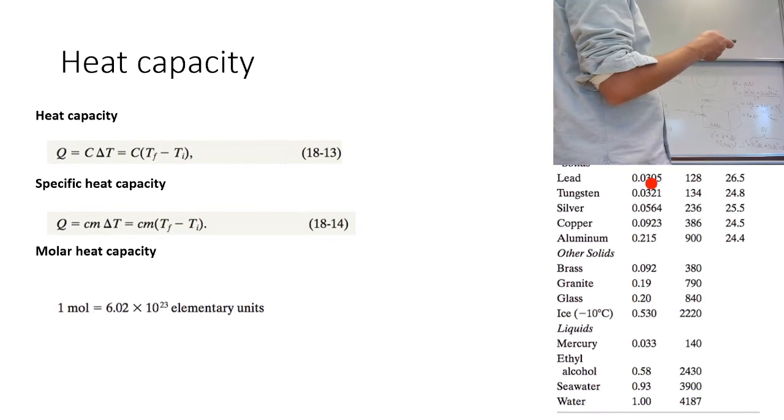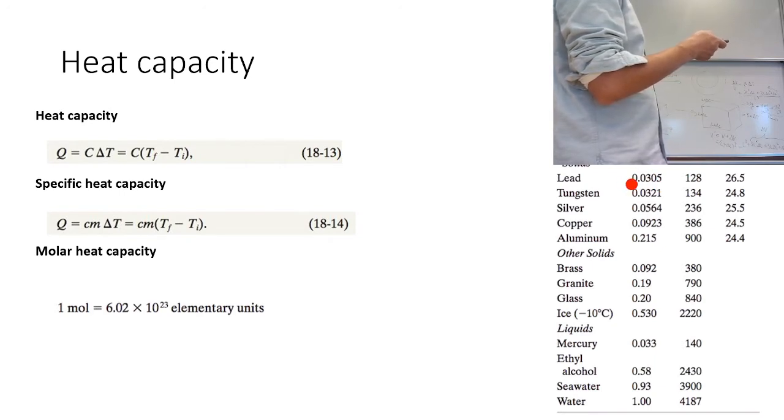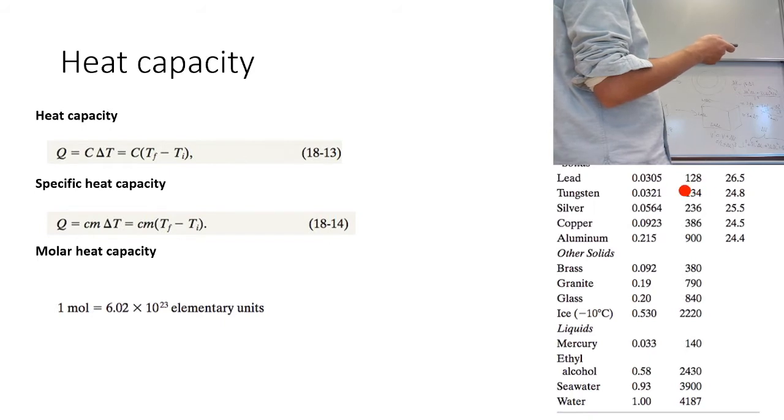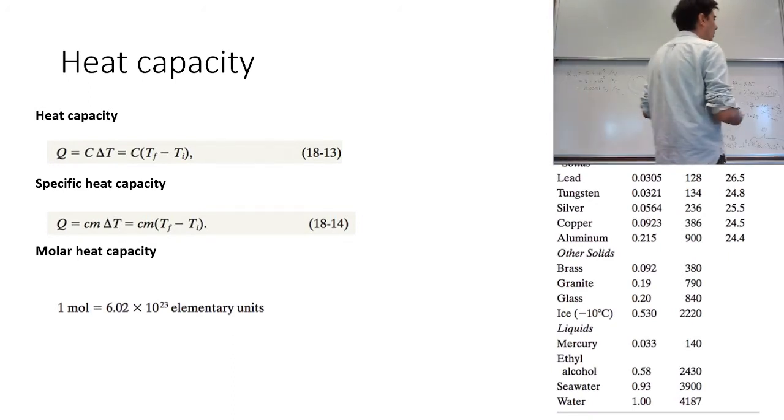So to raise the temperature of lead by 1 degree, for 1 gram of lead it takes this many calories or this many joules, 128 joules. The molar specific heat is just using moles.